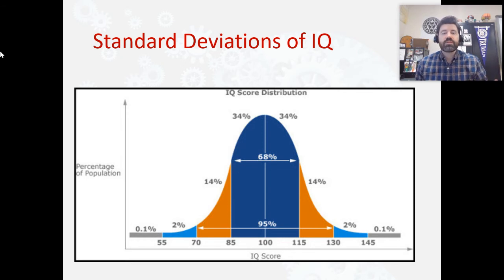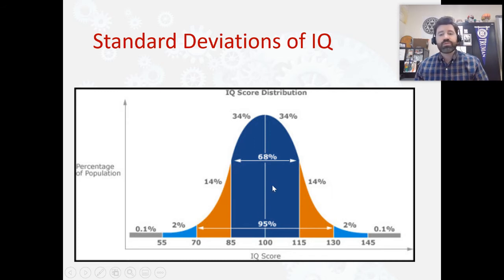What does that mean? It means that 34% of the population has an IQ between 100 and 115. We just add 15 to the mean. It means 34% of the population has an IQ between 85 and 100. That would be one standard deviation below the mean.